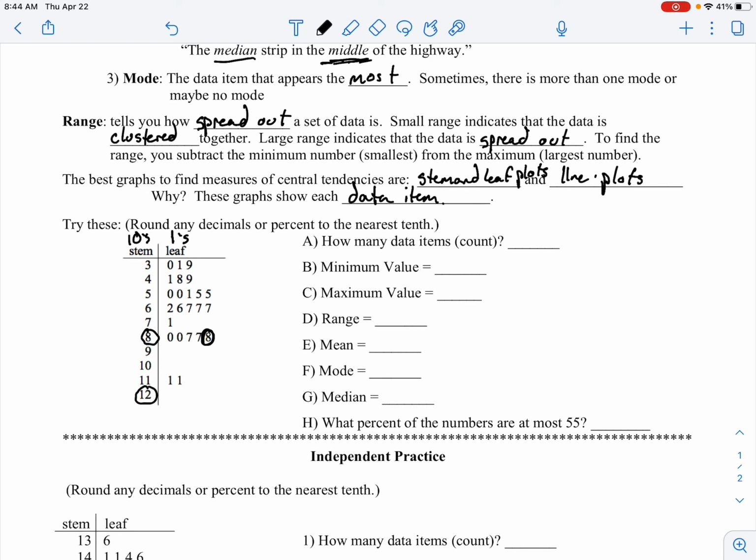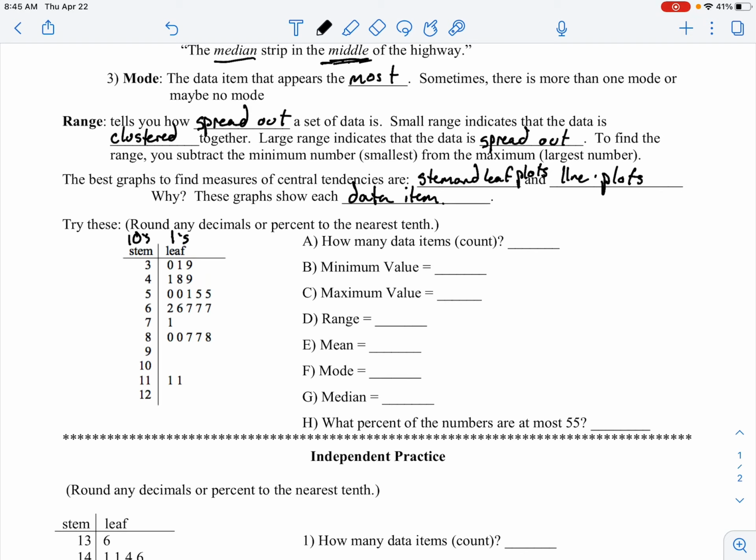Let's take one of these 11 and 1s. We put an 11 in our tens place, which indicates 110, and then add that 1 from our ones place, and that's 111. So the things on the left are our tens numbers, and the leaves are our ones numbers.